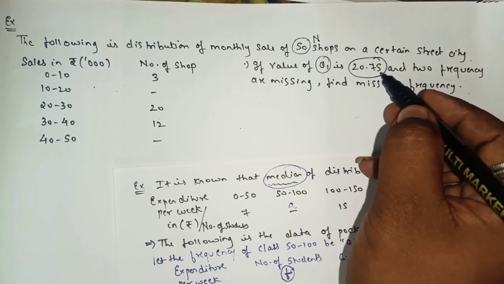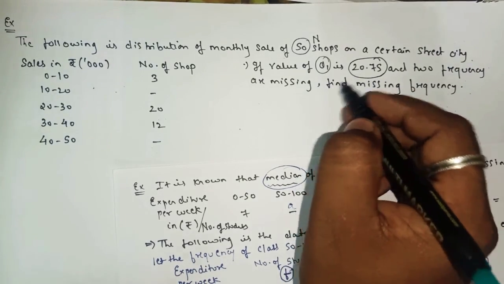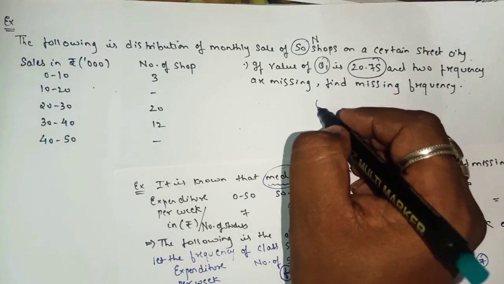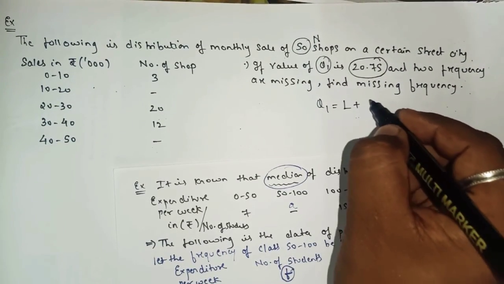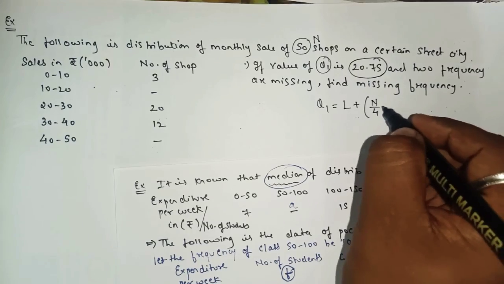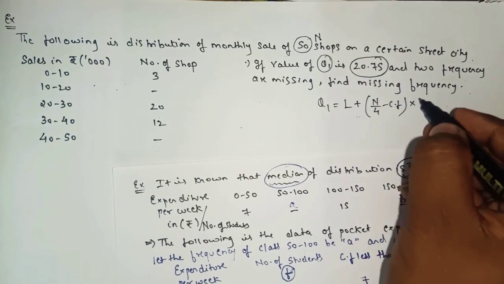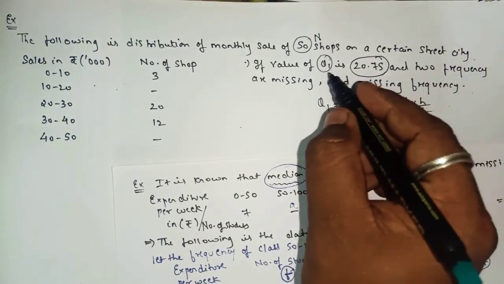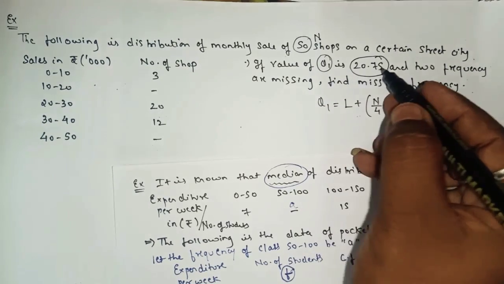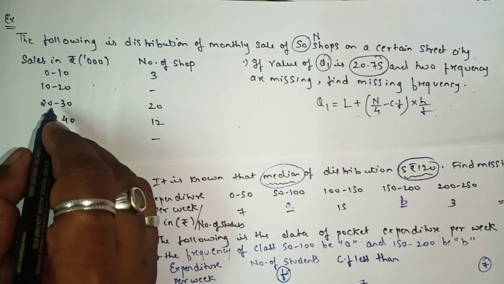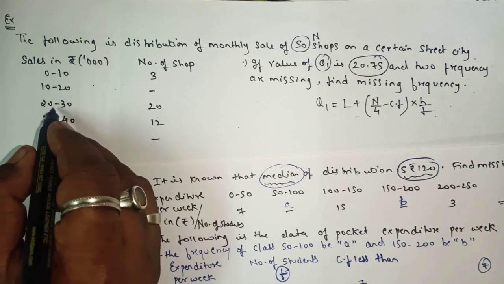As Q1 is given, of course we will apply the formula of Q1. The value of Q1 is L plus n upon 4 minus CF into h upon f. Clearly we can see that the Q1 value is 20.75, and we know it lies in this class.